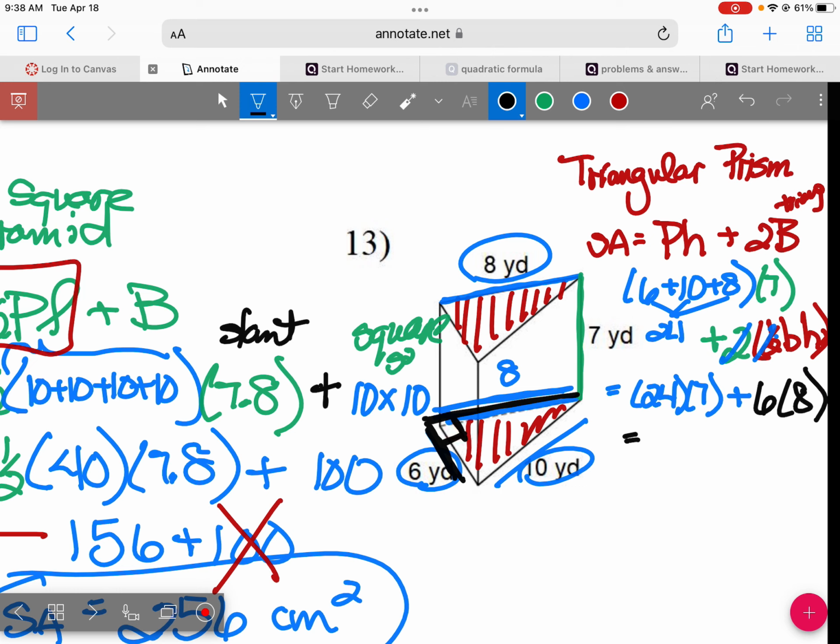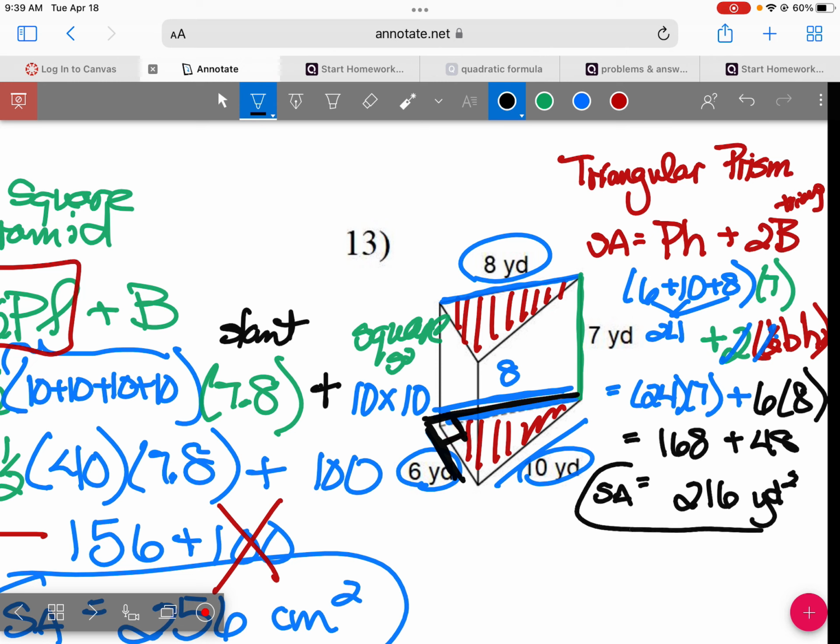So 24 times 7 is 168, plus 48 gives me a total of 216 yards squared. That is the surface area.